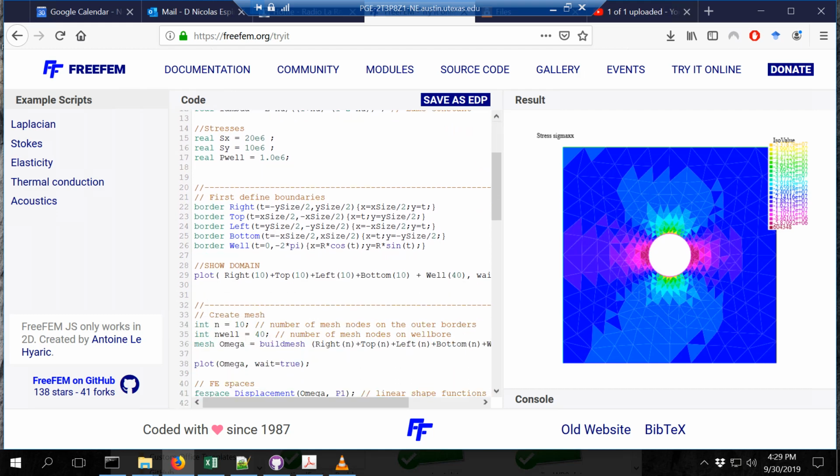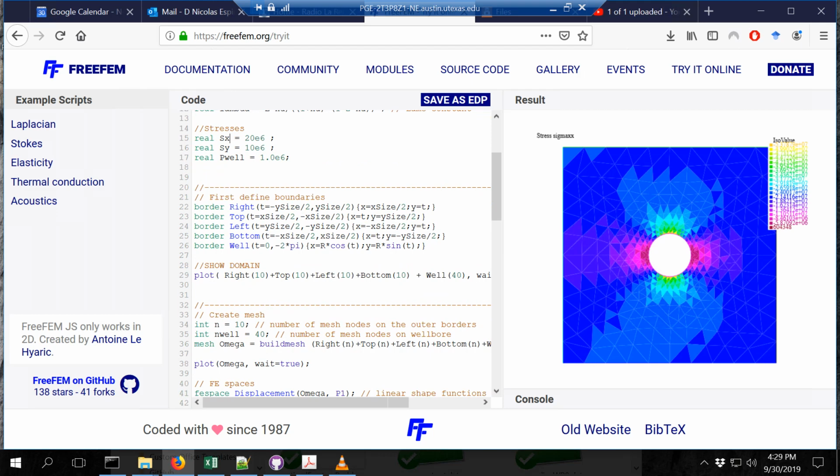Okay, second part. We have the boundaries. Here, the software is going to need a closed boundary or a closed domain. This was our potato. Your potato cannot be open at some point. It has to be a closed domain.